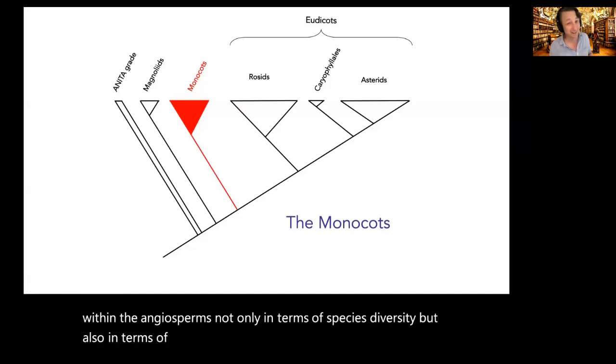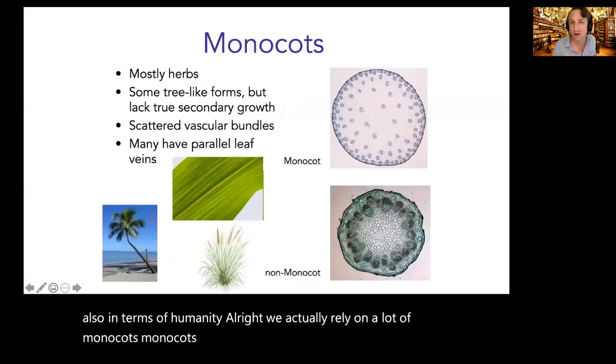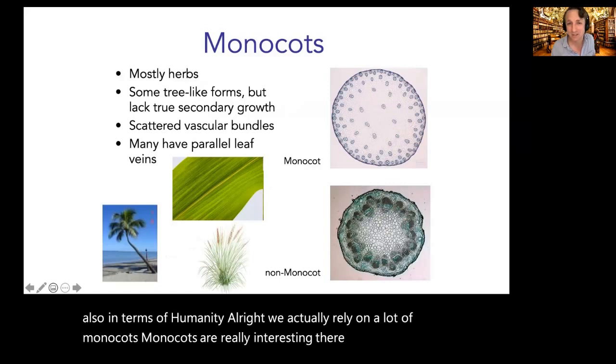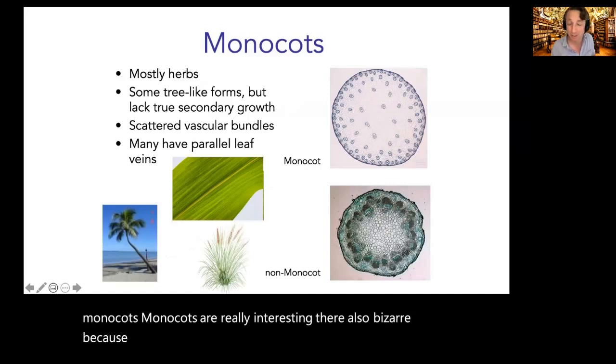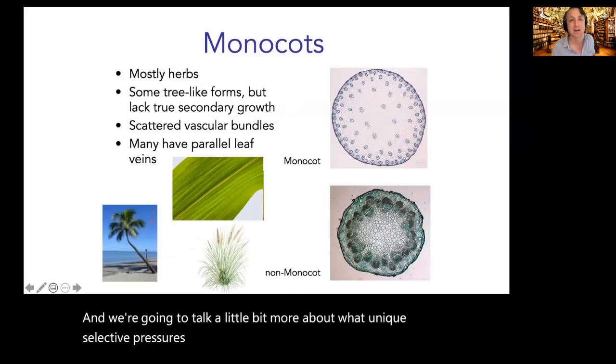We actually rely on a lot of monocots. Monocots are really interesting. They're also bizarre because of their anatomy. And we're going to talk a little more about what unique selective pressures led to the monocot anatomy in a little bit.